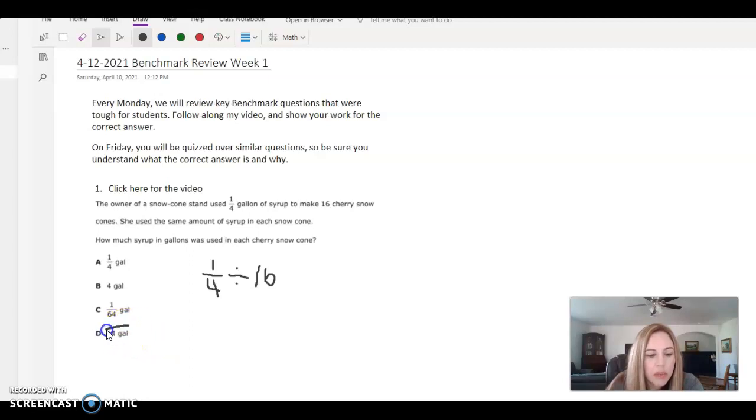So several people picked D. And let's talk about why that is incorrect in a second. But first, we know that when we're dividing fractions, we keep the dividend and multiply by the reciprocal. I always say keep the dividend first because we keep the first number. Keep the first number.